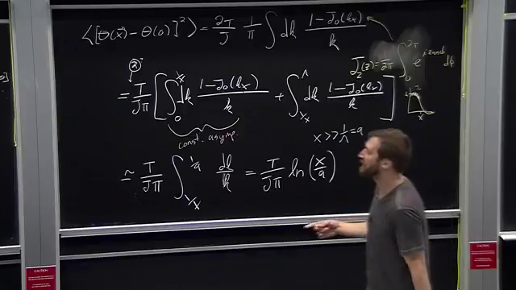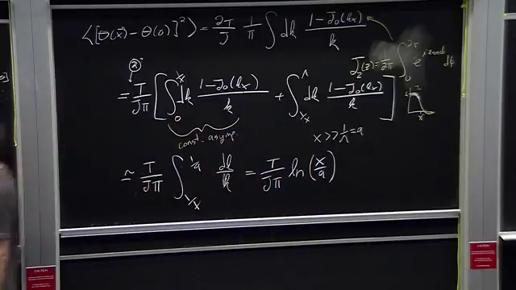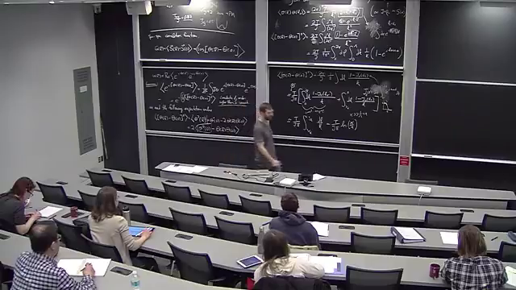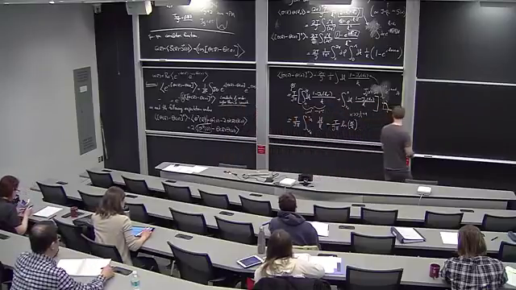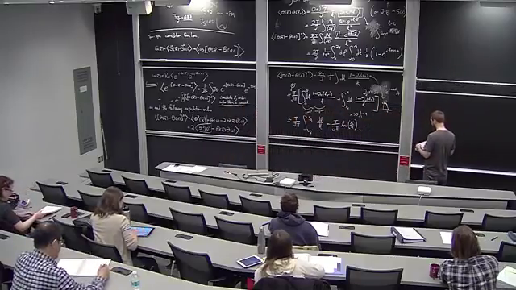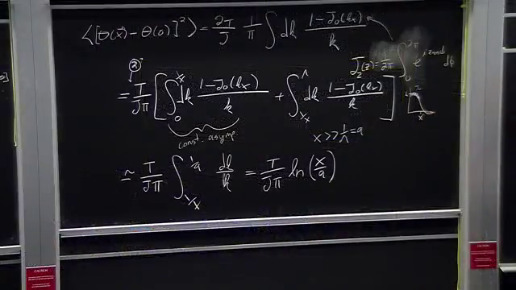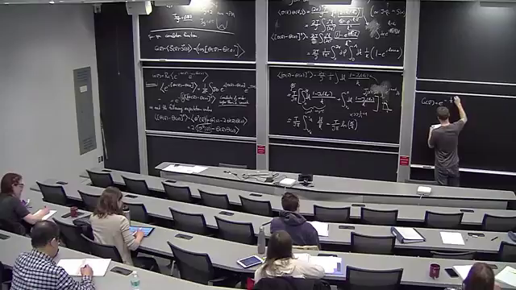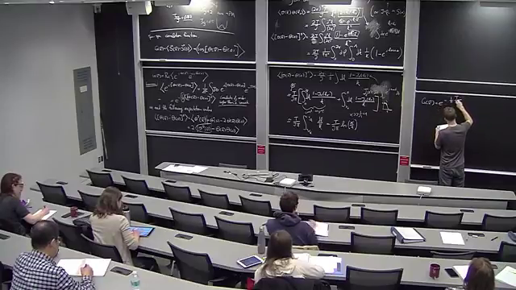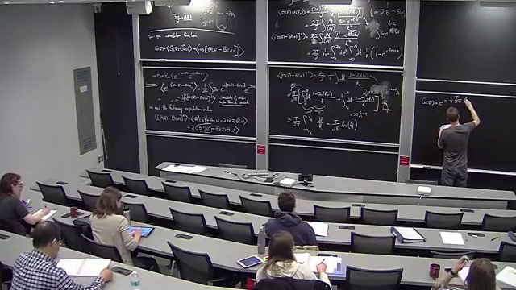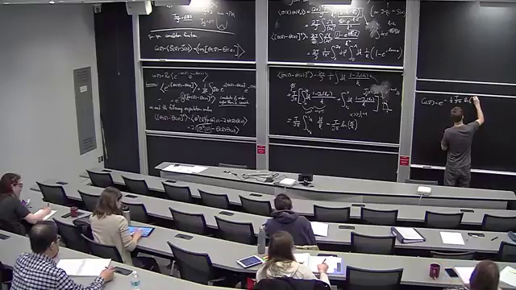So when I put this in an exponential, I have a factor of 2 here. So I have an exponential of a log. That's what I want. So g of x is 1/2 t over j pi log x over a.